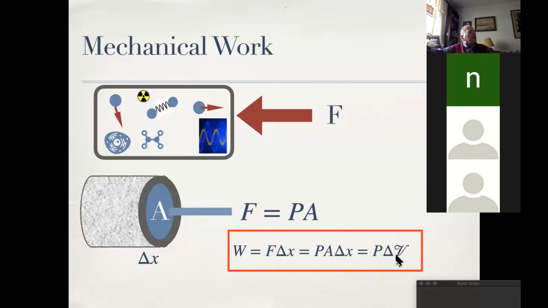If our container with the piston is 6 times larger, then the work will be 6 times larger, but not because the pressure has changed, but because the volume has increased. So the work done by our force, the energy which we have pushed into our system, depends on the intensive quantity called pressure and the volume.